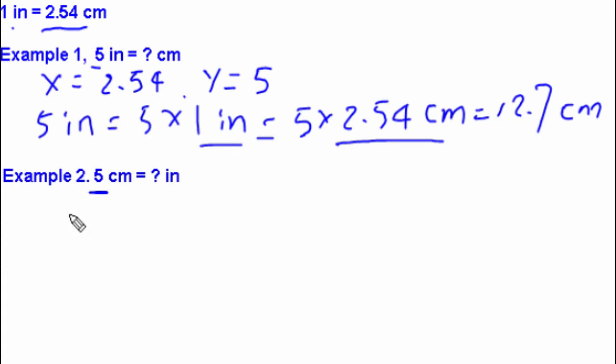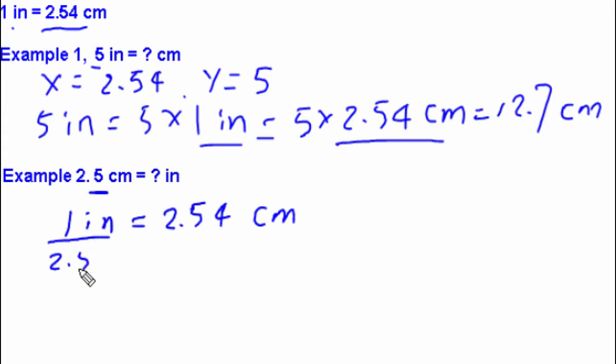Let's write down our inch to centimeter conversion first. We have as a given that 1 inch is equal to 2.54 centimeters. So what I can do is divide both sides of the equation by 2.54.